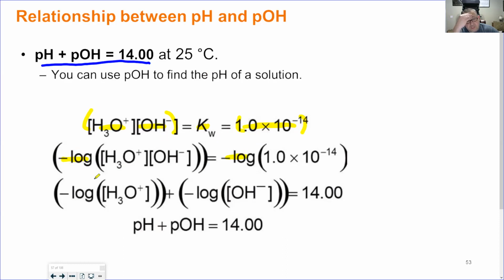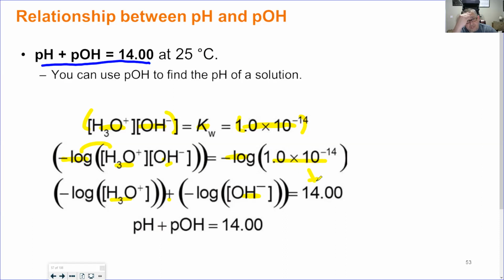So the negative log of everything on the left-hand side and the negative log of everything on the right-hand side. Now we're going to use the distributive property of a log to separate this into two terms. So the first term becomes the negative log of H3O plus, and then plus the second term, the negative log of the OH minus. And then we've got the negative log of 1 times 10 to the minus 14th on the right, but that's just a numerical value.